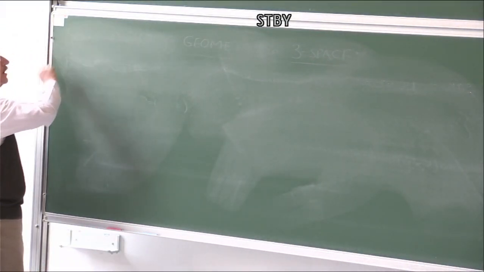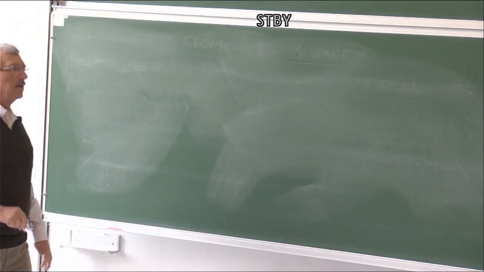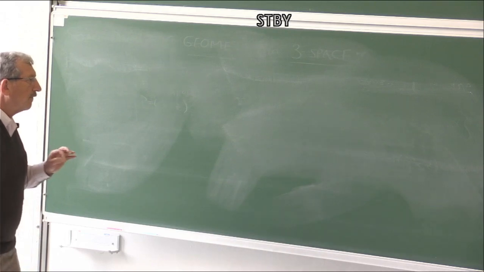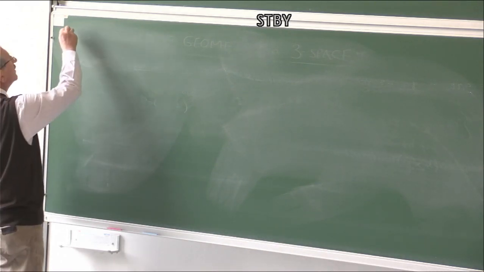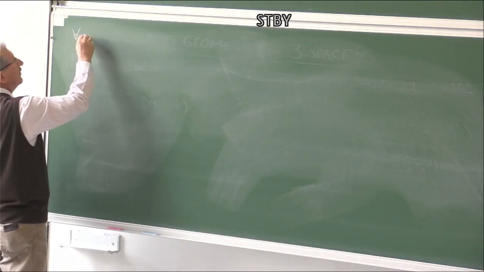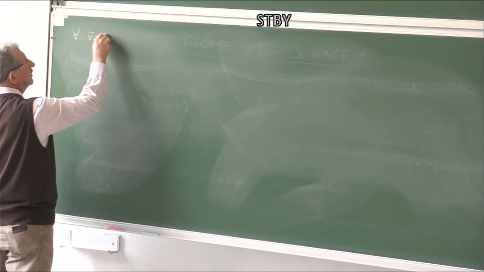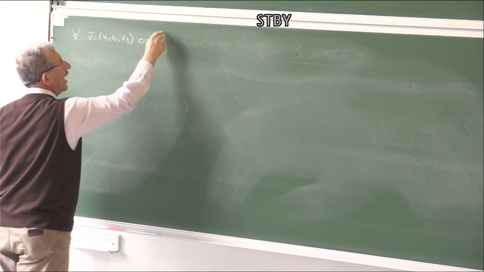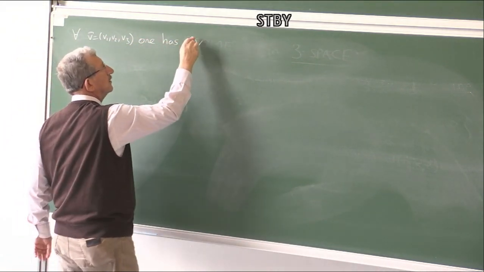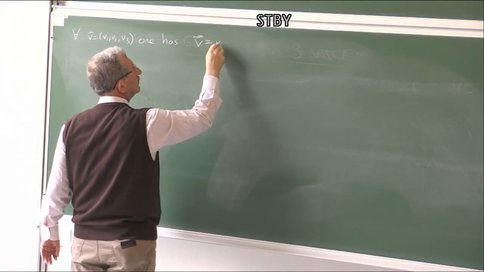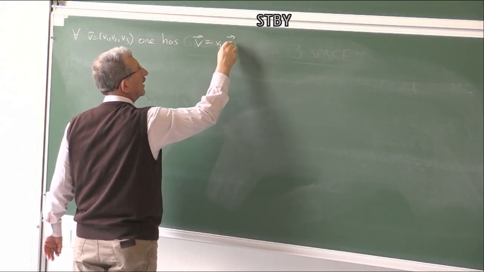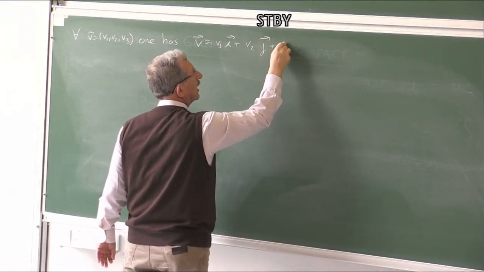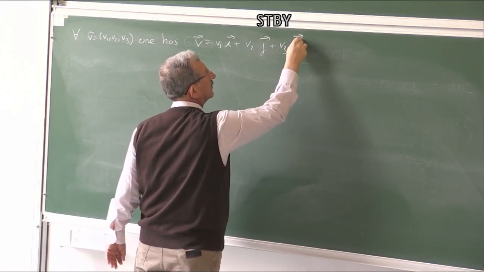Because we have the equality that for every vector, one has the vector equals v1 times the i vector, plus v2 times the j vector, plus v3 times the k vector.